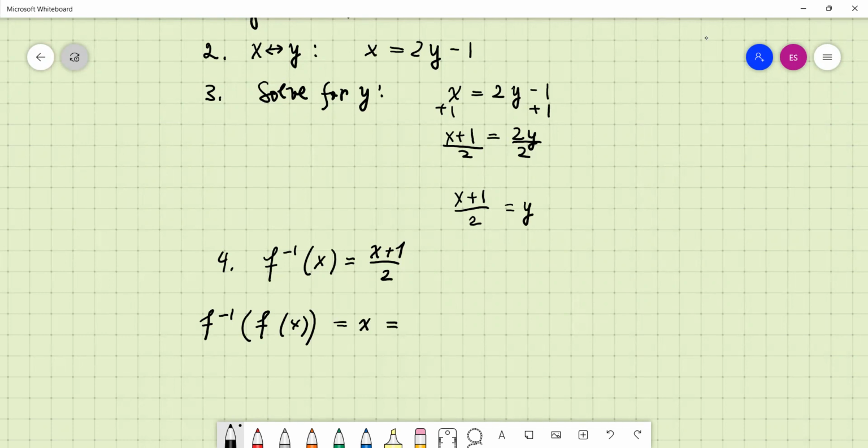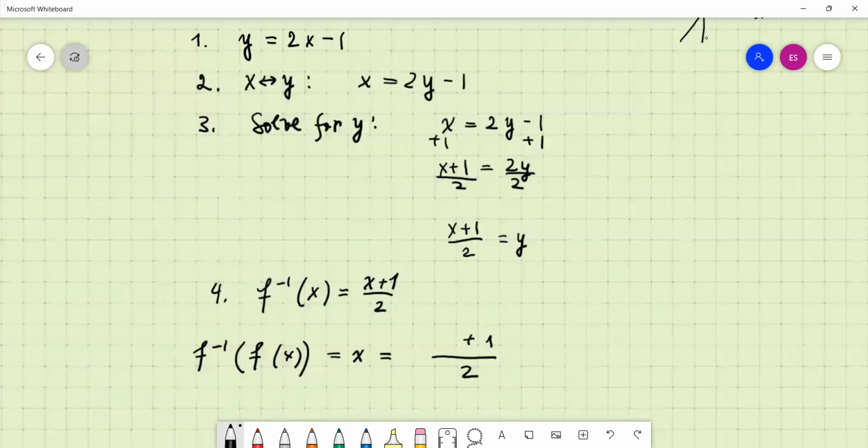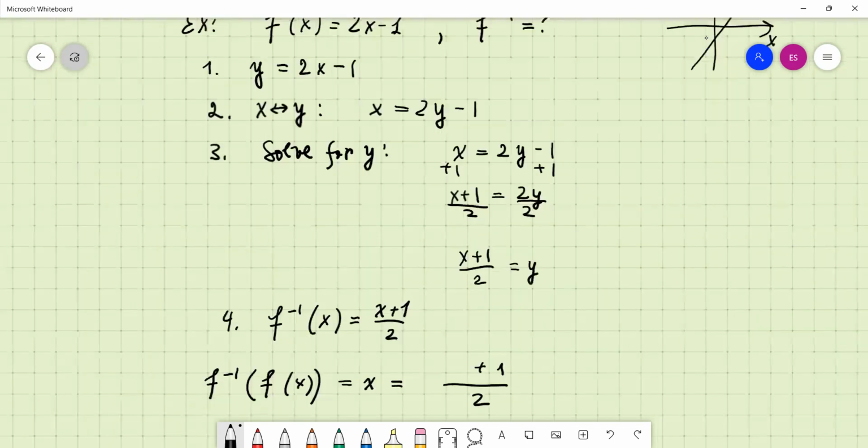So f inverse is x plus 1 over 2. Now, instead of x, I'm supposed to use the direct function. What is my direct function? The direct function was, let me go back, 2x minus 1, right? It's over here.